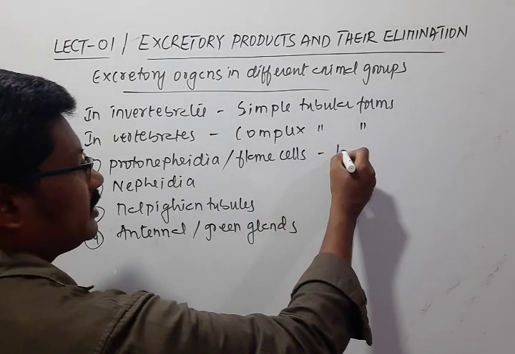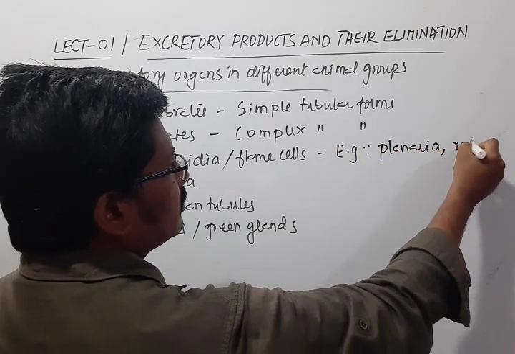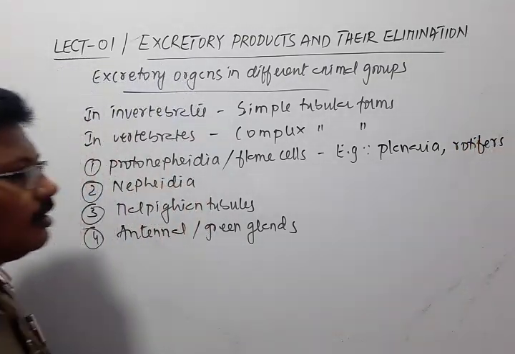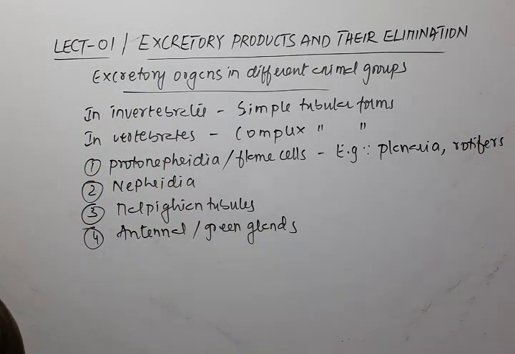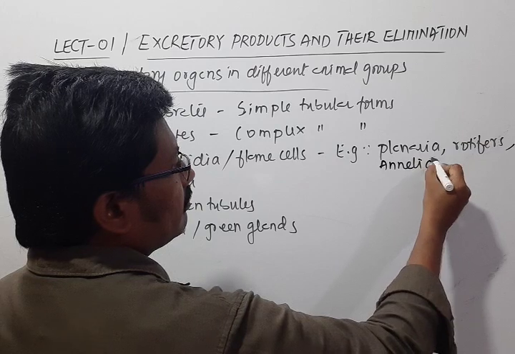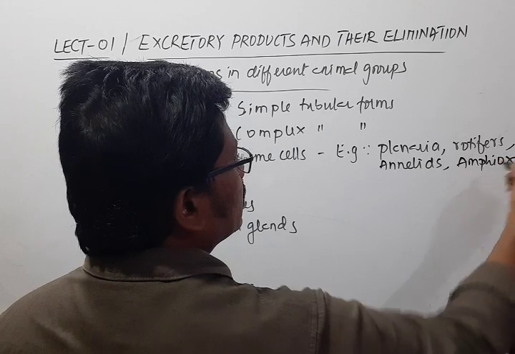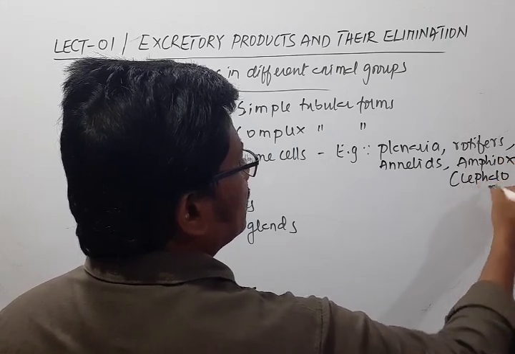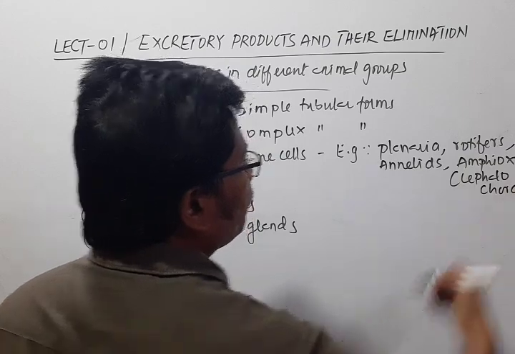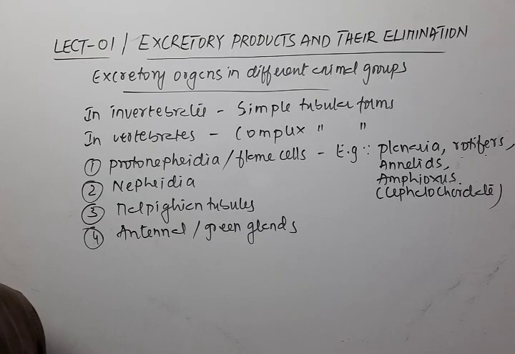So I'll say the flame cells example in planaria, in rotifers, and there are some annelids also, and also in amphioxus, which is a cephalochordate. So these are different groups in which we see the protonephridia.